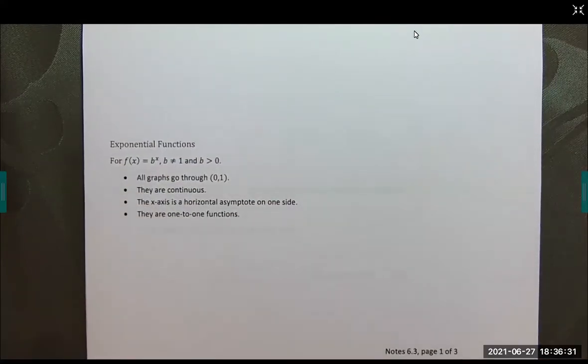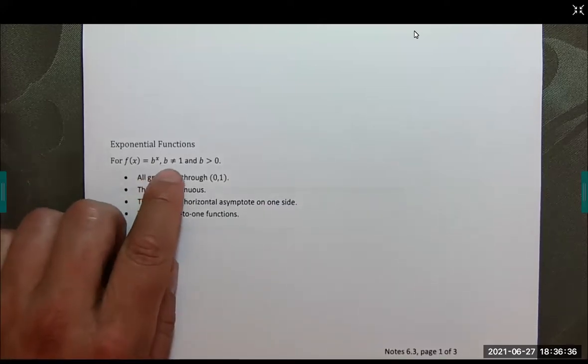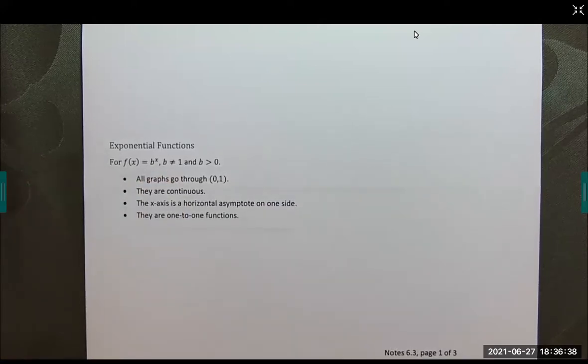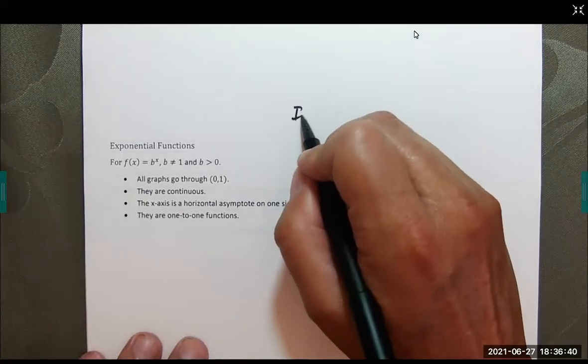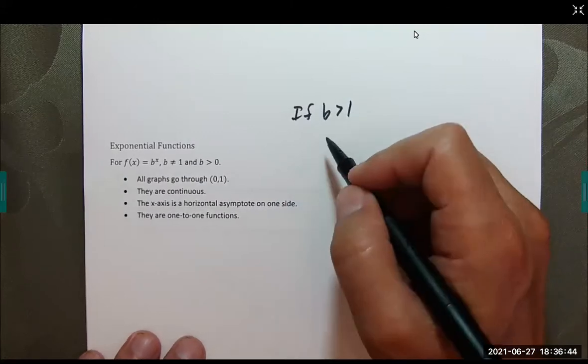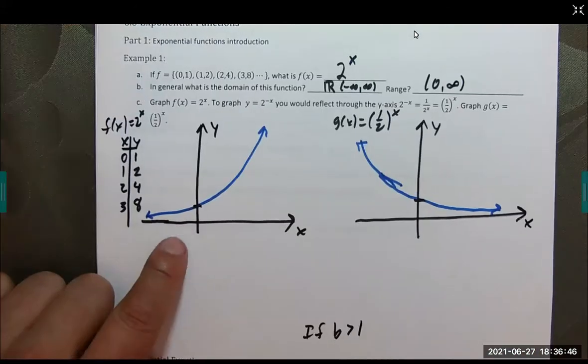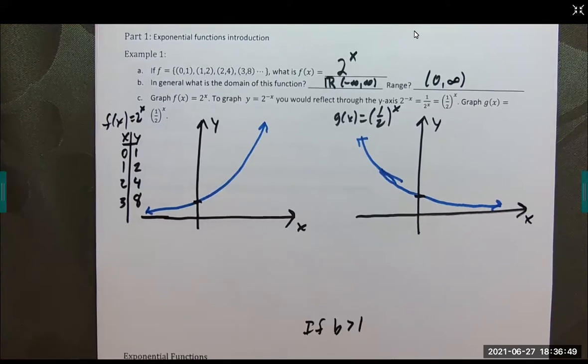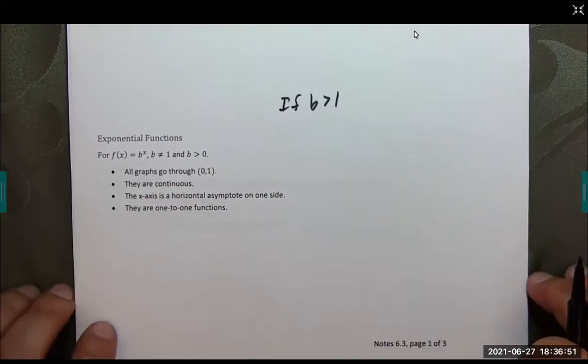And our exponential functions, b can't be 1, but when b is positive, so let's do this. If b is bigger than 1, then the graph is going to look like this first one here. You can see b is 2 in this case. So in general, it's going to look like this.